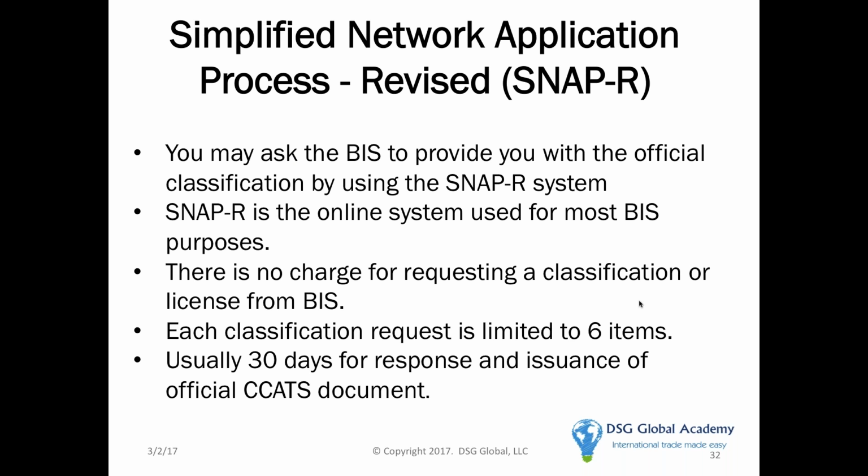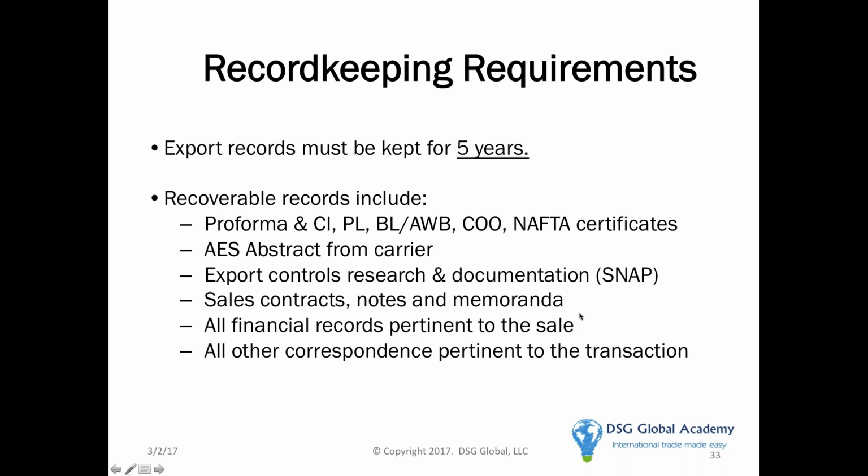First-timers think it's complex, but once you figure it out, you can use the same template again and again for most of the questions. And you can request determinations for up to 6 items at one time. And usually, the BIS licensing team gets back to you within 30 days. So they're very quick, and they've really sped up the process.